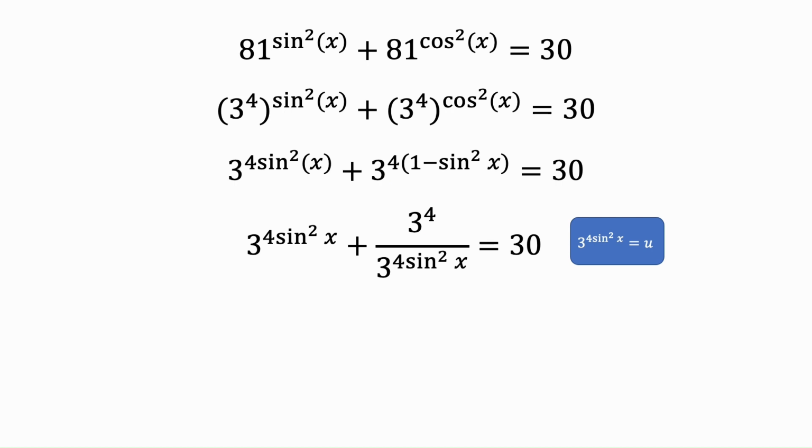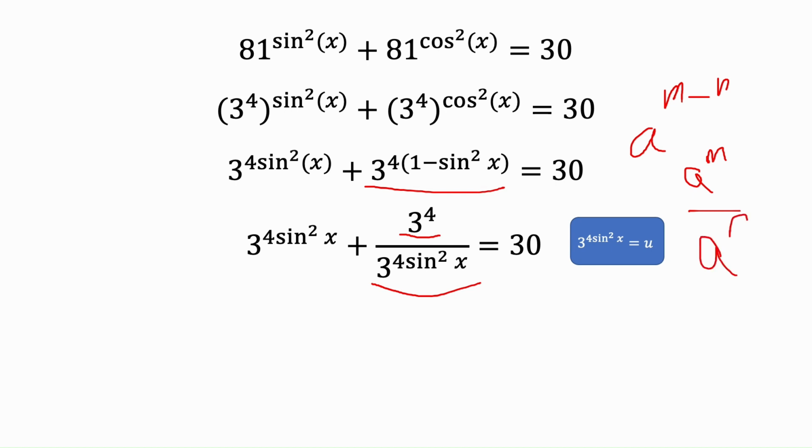And now we will simplify this part as 3 to the power 4 divided by 3 to the power 4 sine square. For example, if we have a to the power m minus n, we can write it as a to the power m divided by a to the power n.